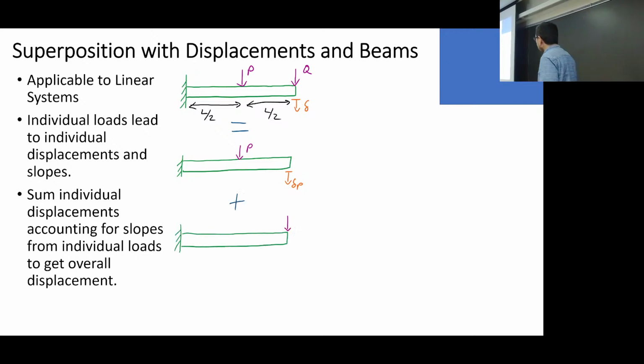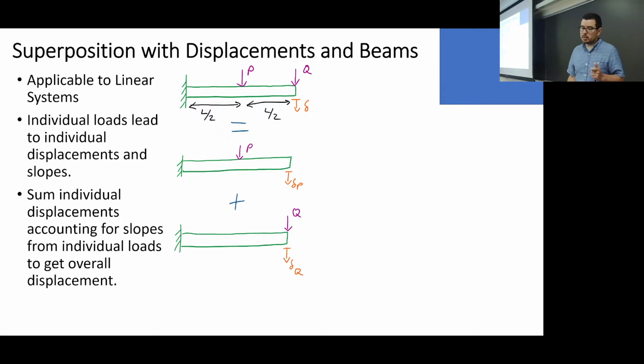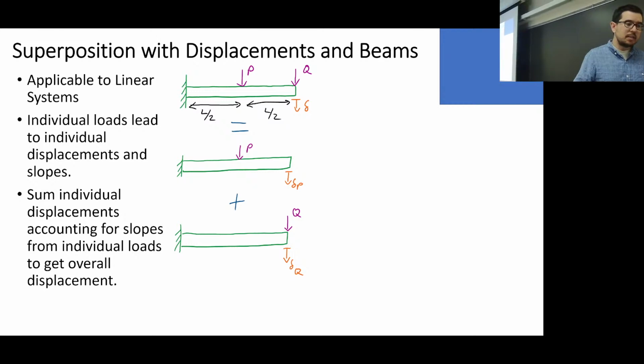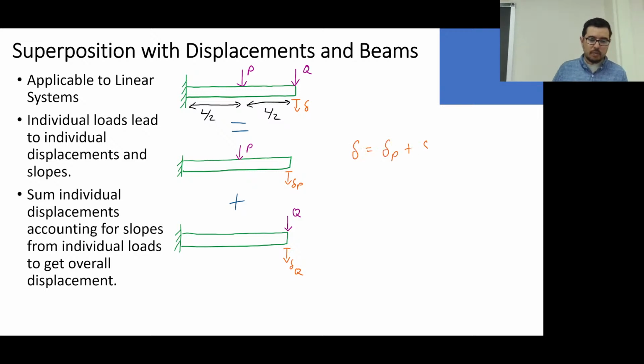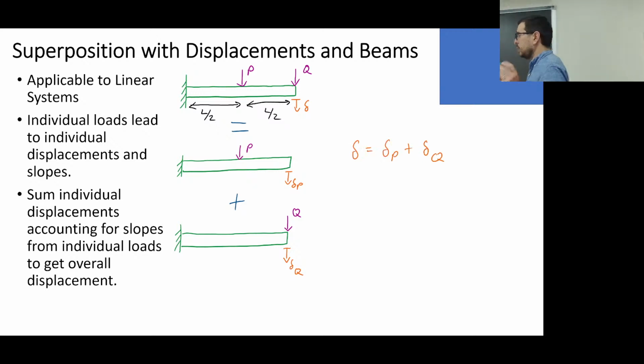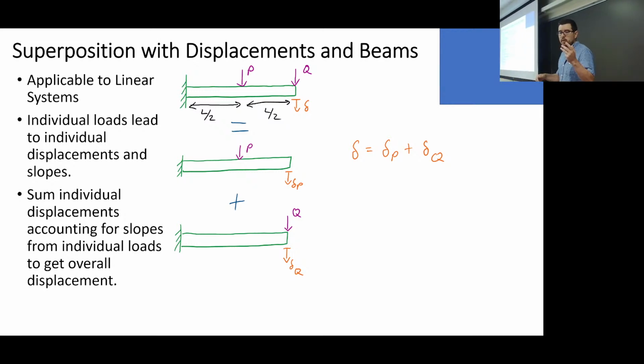If we have a force Q applied on the right side, then I can think of a displacement, again, at the same location at the end due to that Q. And so what we see here, just by drawing these out, is that the overall displacement is going to be equal to the displacement due to force P plus the displacement due to force Q. Okay? That's superposition. Pretty straightforward, right?